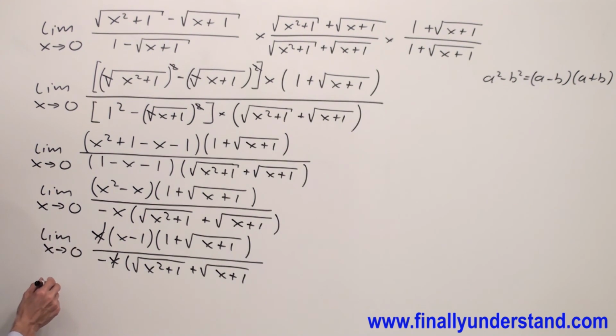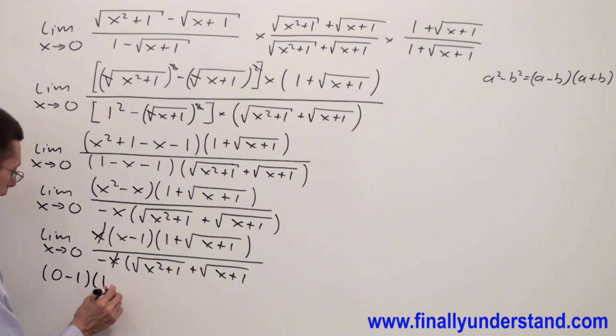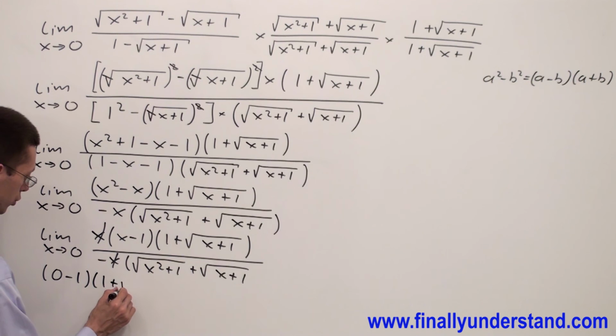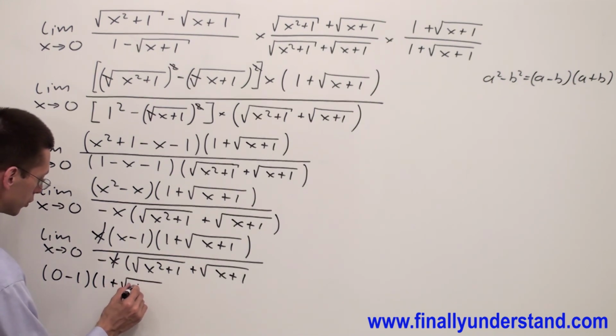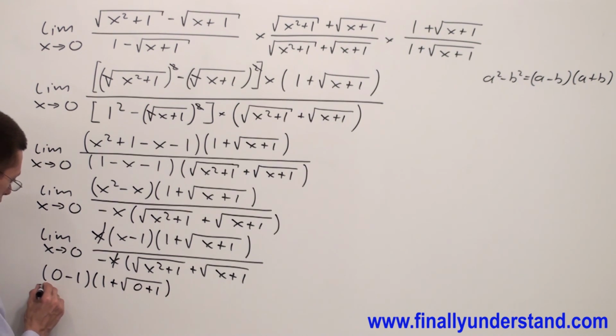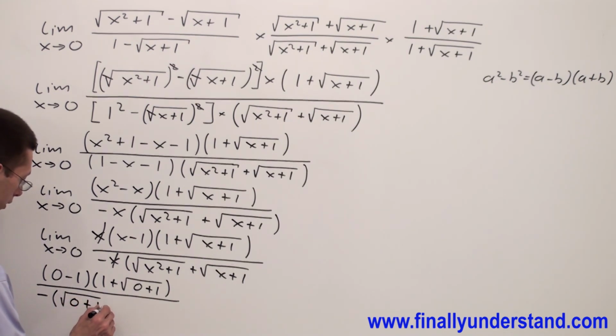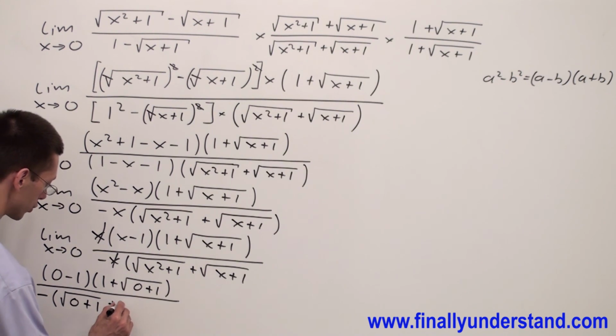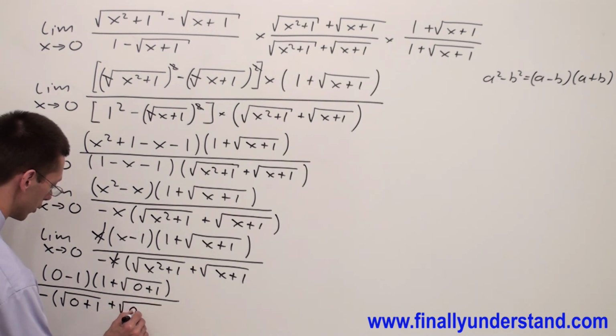by replacing every single x in our function by 0. I will have 0 minus 1, times 1 plus square root of 0 plus 1, close parenthesis, divided by negative, open parenthesis, square root of 0 plus 1 plus square root of 0 plus 1, close parenthesis.